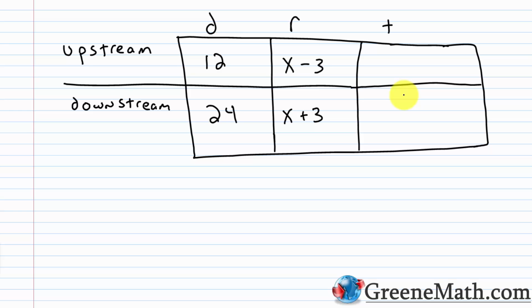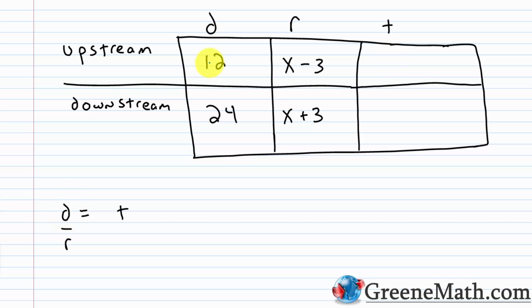To get a time, remember, d equals r times t can be solved for t. So if I divide both sides of the equation by r to isolate t, as we did earlier, this cancels with this, and I've got t by itself. So time is equal to distance over rate. I have a distance here, I have a rate here, so I'm going to have a time.